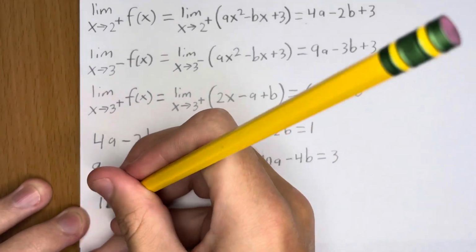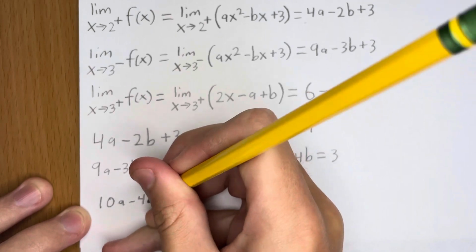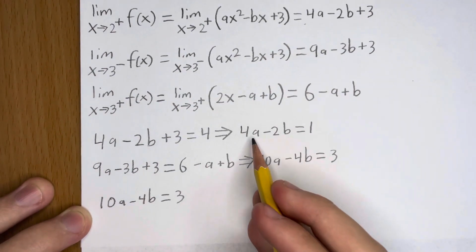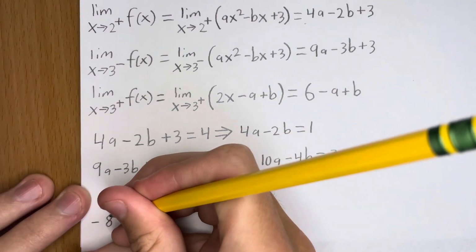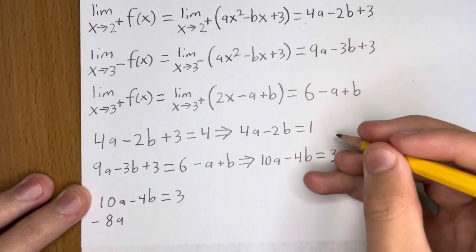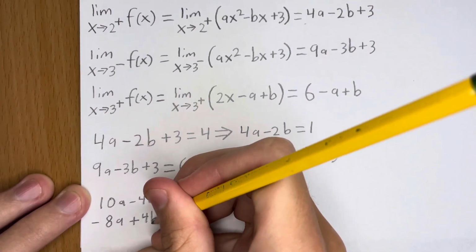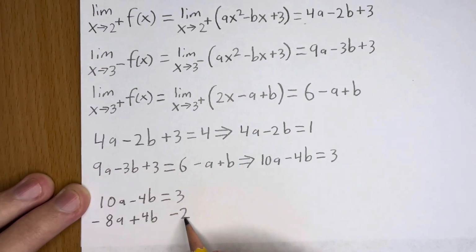If we have 10a minus 4b equals 3, then we can use this equation to get rid of b. So we're going to go minus 8a plus 4b minus 2, because these should be equal to each other, so we can do them on either side.